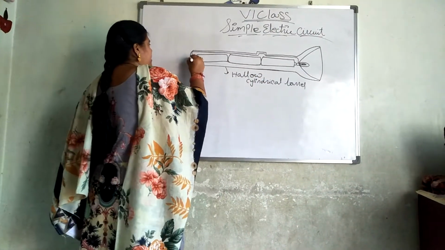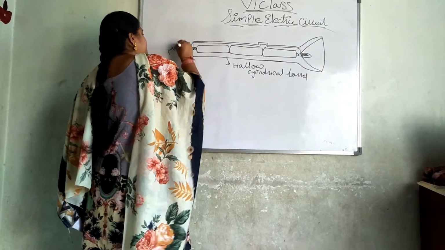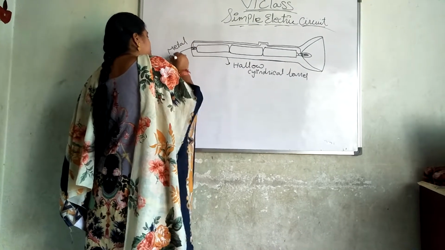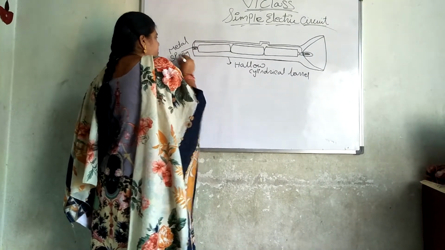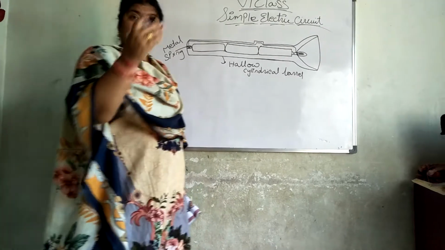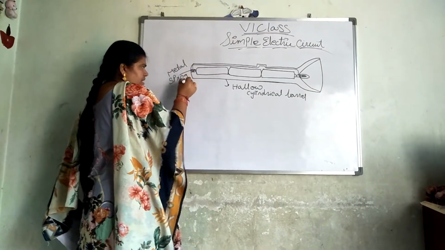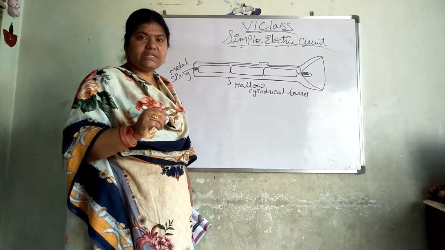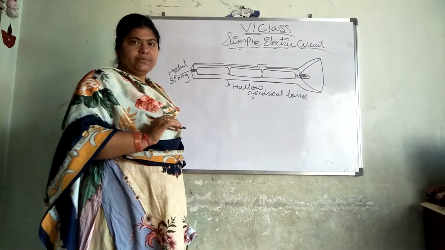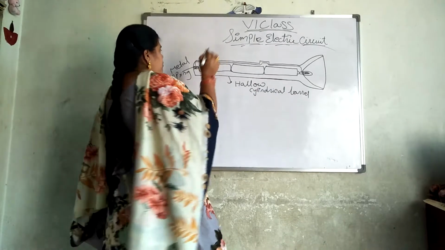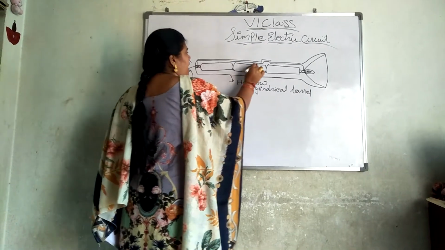Okay. Second, it has a metal spring, inside the cap, not outside. Here the metal cap will be present, and to this metal cap the metal spring is attached. Now inside this you can see a wire is present.